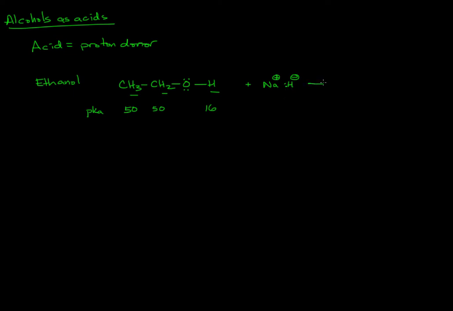So using the curved arrow formalism, the arrow starts at the region of electron density and will end near the region of electron deficiency. So I've shown that using partial positive and partial negative charges.